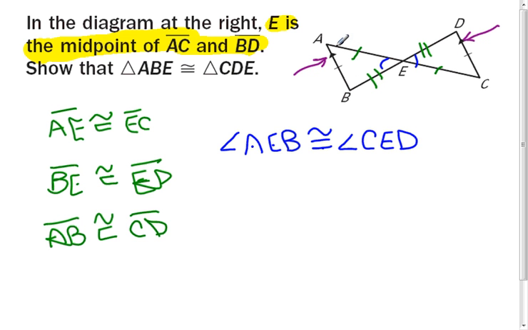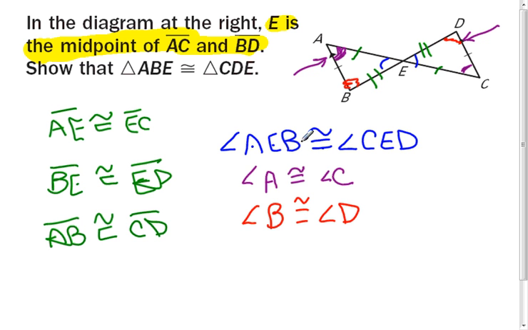So because they're parallel, I can assume that angle A and angle C are congruent because they would be alternate interior angles. Using the same kind of reasoning, I could also say that angle B and angle D are also congruent because they would be alternate interior angles. Now notice how I had to use 3 letters for these angles because I can't use E because I don't know which angle you're talking about.